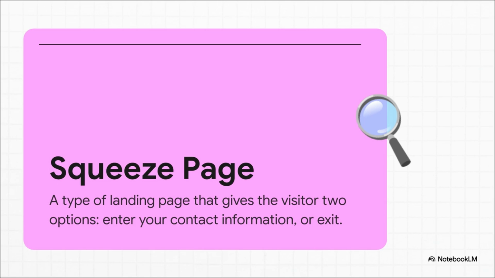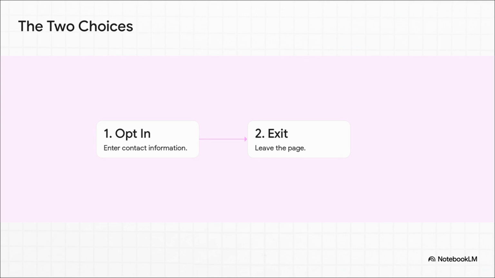Its entire reason for being is to strip away every single distraction and give the visitor an incredibly focused, almost binary choice. And these are literally the only two options. There's no navigation bar to your main site, no links to your latest blog post, no other offers cluttering things up. The visitor can either give you their contact info to get the cool thing you're offering, or they can leave. That's it. This radical simplicity, that's its superpower.